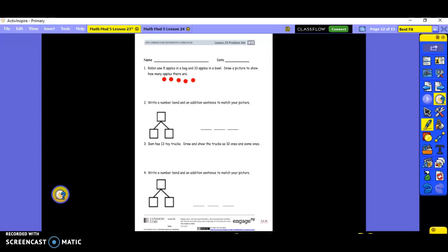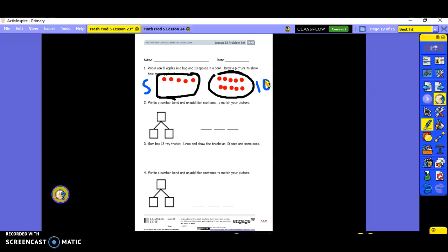So let's draw the 10. 1, 2, 3, 4, 5, 6, 7, 8, 9, 10. Those were in a bowl. And the 5 were in a bag. Okay, so here's our 5 in our bag, 10 in our bowl.